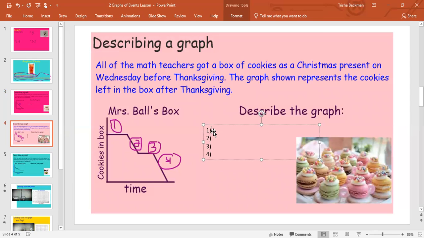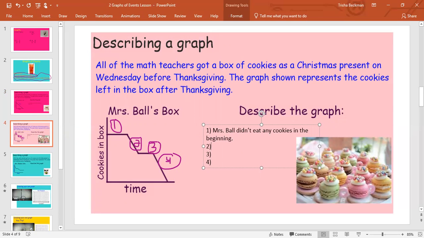If you notice, the box stays the same in line 1. So she waited to eat the cookies. Right when she got them, she wasn't hungry. Unlike me, she waited a little bit. So I'd say Mrs. Ball didn't eat any cookies in the beginning.